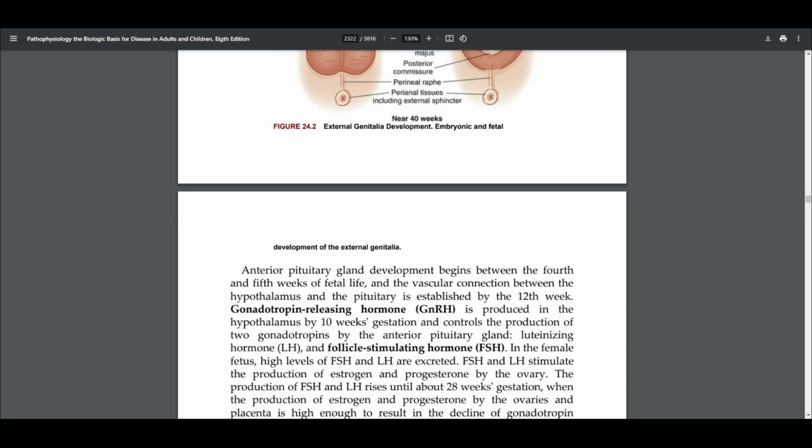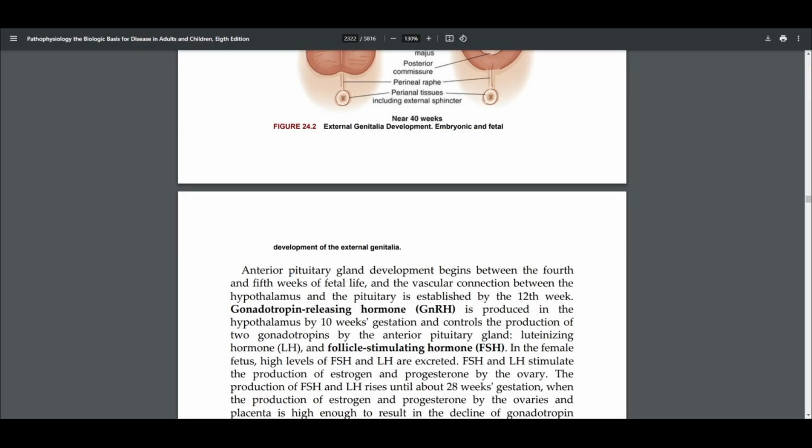Gonadotropin-releasing hormone is produced in the hypothalamus by 10 weeks gestation and controls the production of the gonadotropins by the anterior pituitary gland, luteinizing hormone and follicle-stimulating hormone. In the female fetus, high levels of follicle-stimulating hormone and luteinizing hormone are excreted.